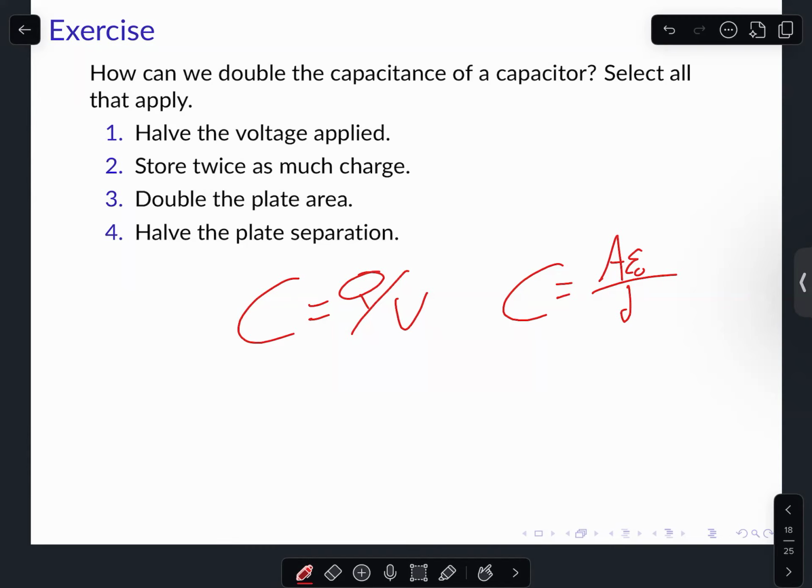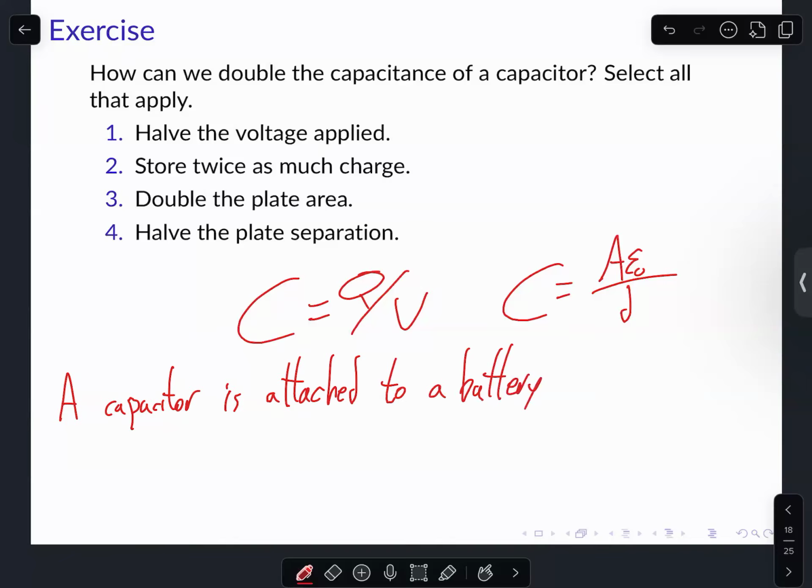Let me write this down. A capacitor is hooked up to a battery. D doubles. I pull the plates further apart of a variable capacitor.